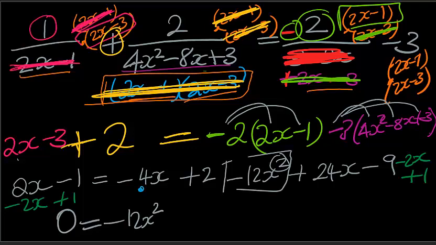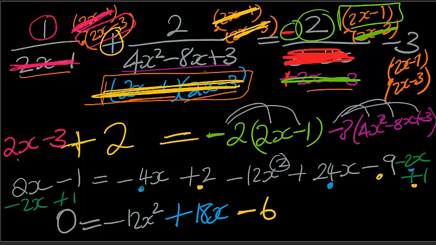Minus 4x plus 24 is plus 20x. 20x minus 2 is going to be 18x. And then my last one is going to be the ones, which is 2 plus 1 is 3. 3 minus 9 is going to be minus 6.